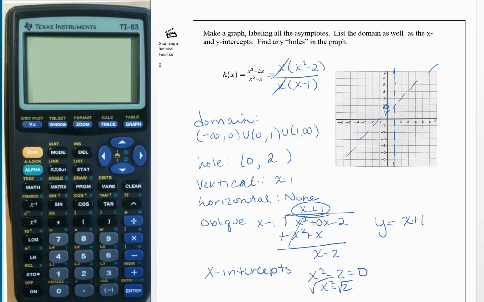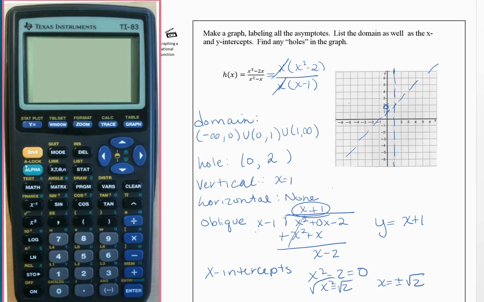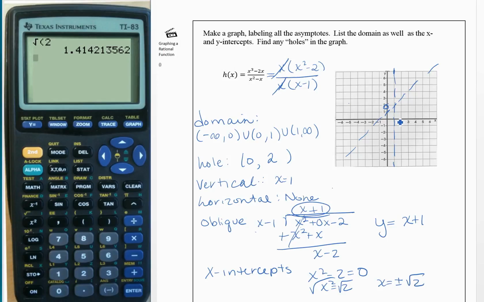We take the square root of both sides, and we get x equals plus or minus the square root of 2. And if you have trouble picturing the square root of 2, which is totally understandable, it is about 1.4. So that would be positive 1.4 and negative 1.4. Those are 2 more points on our graph.